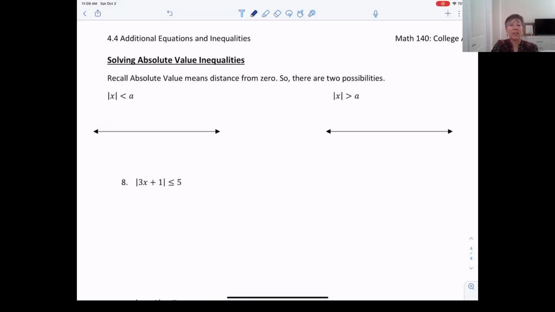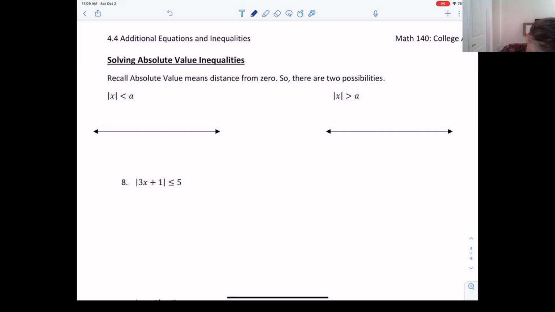Now, I showed you guys one method of solving absolute value equations that also works for inequalities. So that method's not going to change, but I want you guys to understand basically how to determine if we're looking at two intervals or one interval, because that's where a lot of people struggle. So if you recall, absolute value means the distance from 0.